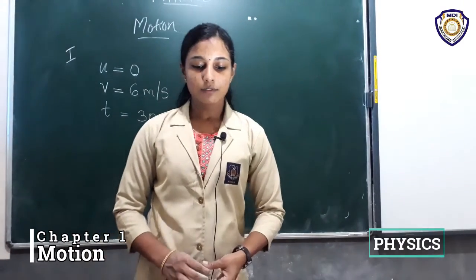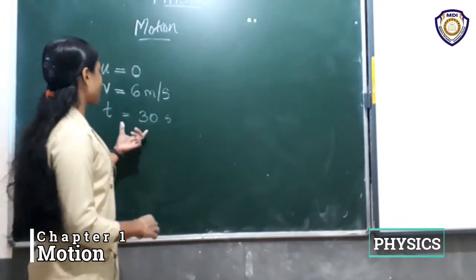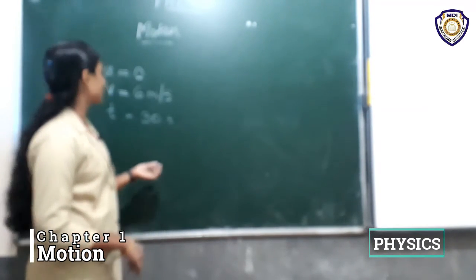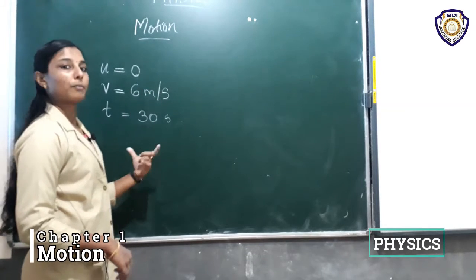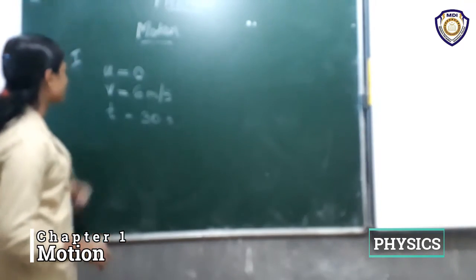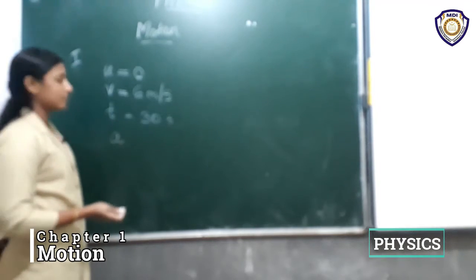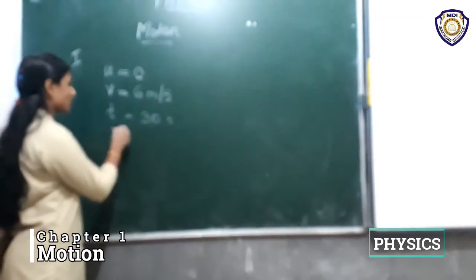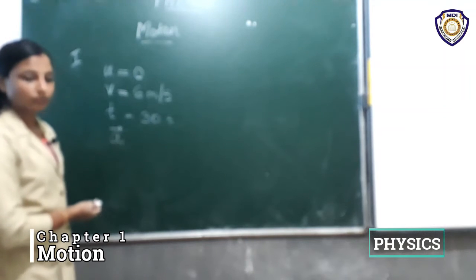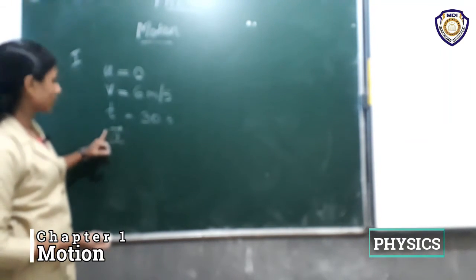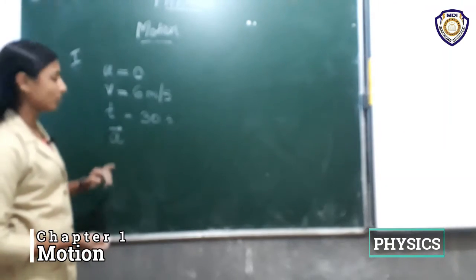And in the first case, what will be the acceleration? What is acceleration? That is change in velocity per time. So what is the change in velocity? We can write acceleration like this. But this is a vector quantity, so you just put an arrow head or cap.